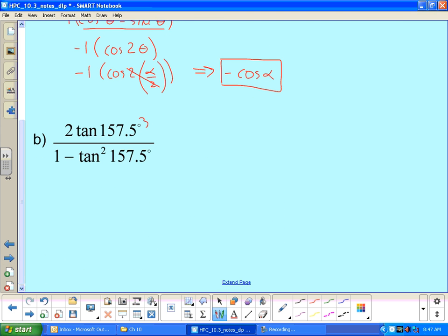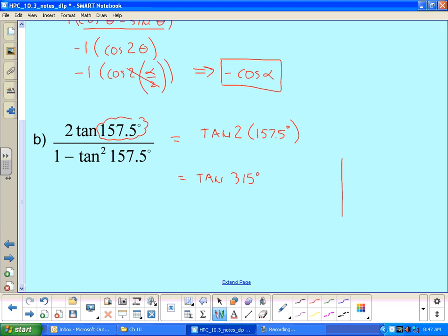So there's our alpha. This becomes tan of 2 times this alpha angle. And that becomes the tangent of 315 degrees.